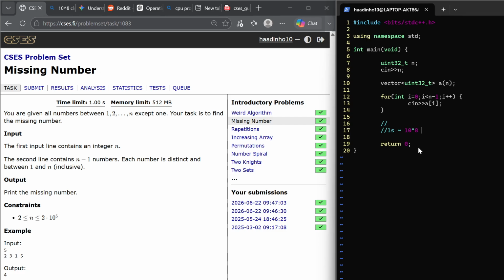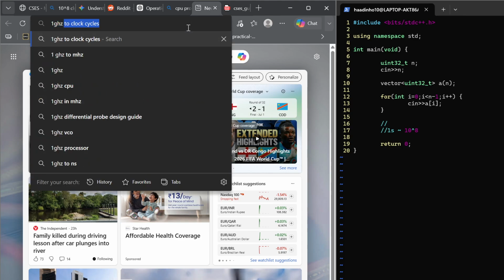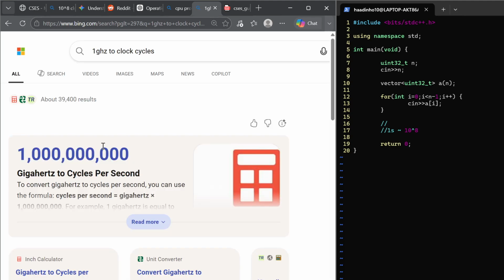The reason behind this is as follows. Let's say we have a modern CPU processor which might be like 3 gigahertz or something. 1 gigahertz is approximately 10 power 9 clock cycles per second.